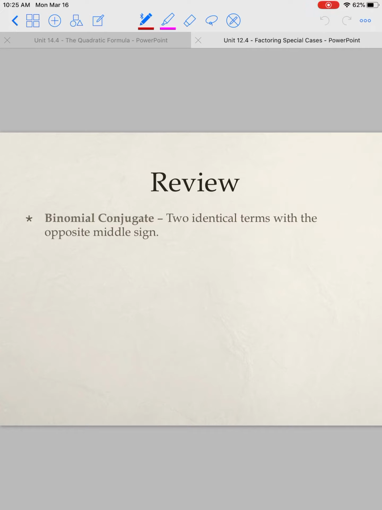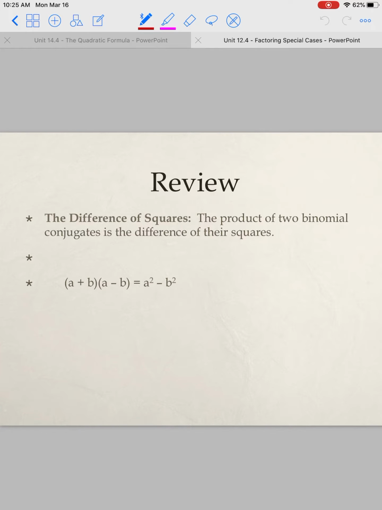Okay, so now we're going to talk about binomial conjugates. All right, and as a review, it's two identical terms with the opposite middle sign, which we will see here in just a second. Notice here how these signs are different. When you do these, that middle term will be canceled.